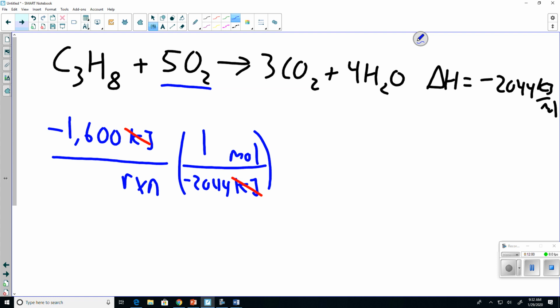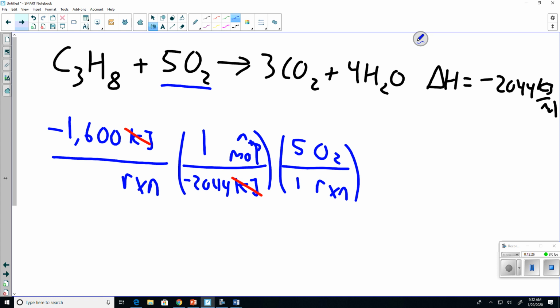And that's where this is a little bit like stoichiometry. Because if right now I have 1 mole of reaction, I need to get to moles of oxygen. And there's 5 oxygens for every 1 reaction. This is the step that students typically don't do. They know how to convert from grams to moles. They know how to multiply by the enthalpy value.